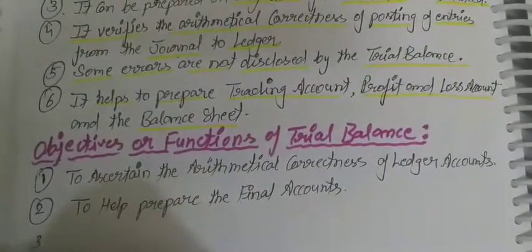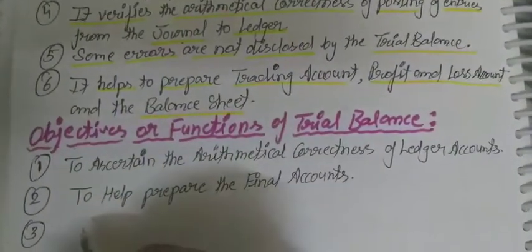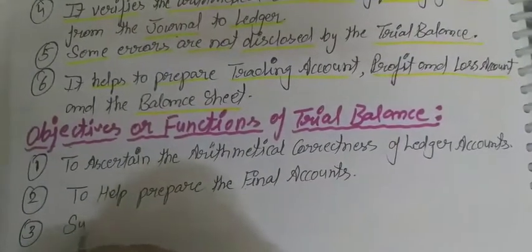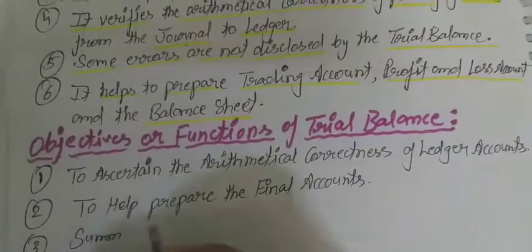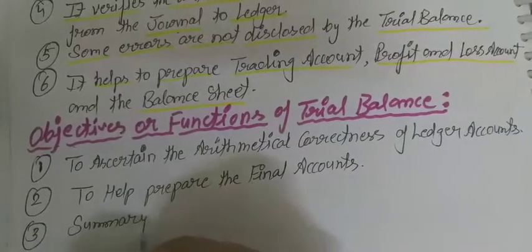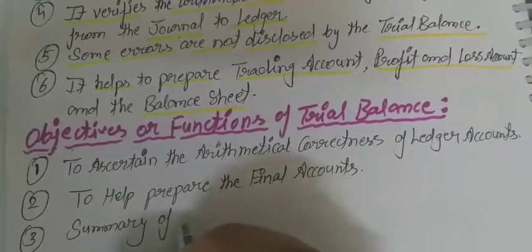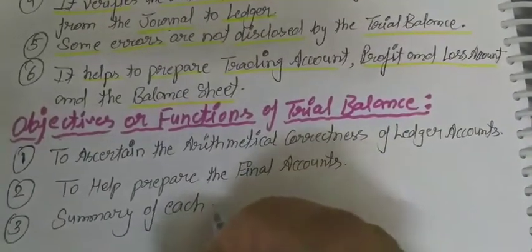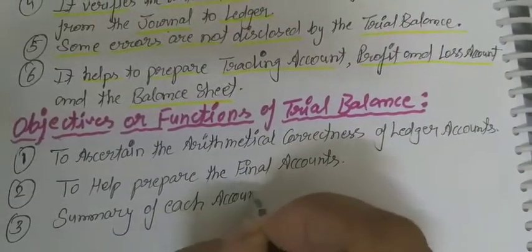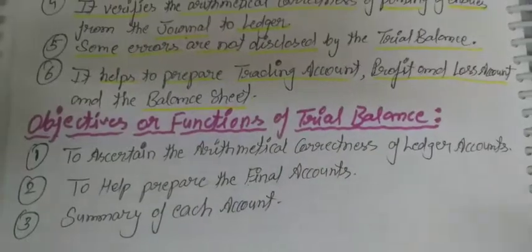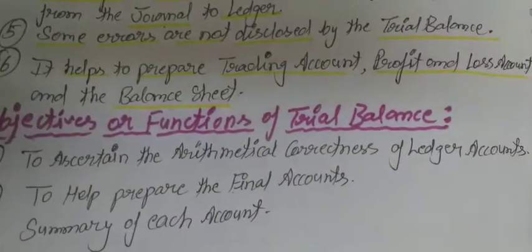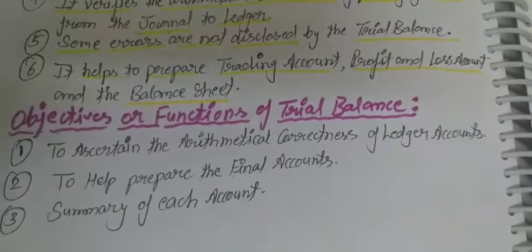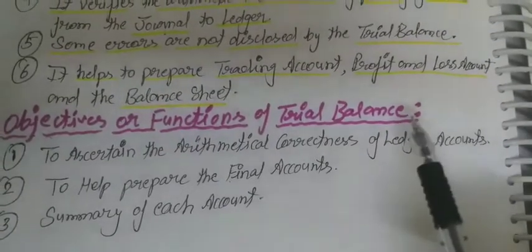Next, the third one is summary of each account. How? Whatever balance is there in the ledger or in the accounts, only those balances are taken into the trial balance.